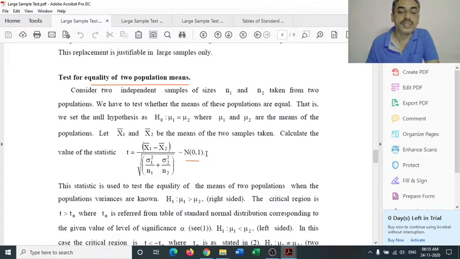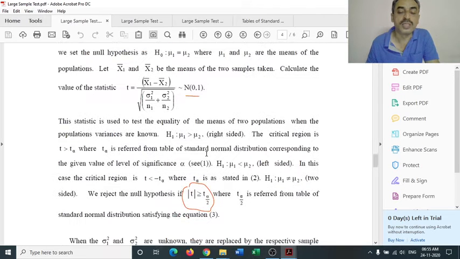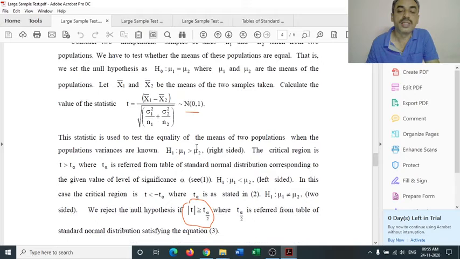Therefore, in this case also, the critical regions corresponding to various alternative hypotheses are exactly similar to the former case, because the critical region is according to the significance level, and the significance level is a probability, and that probability is related to the distribution of the statistic we consider.